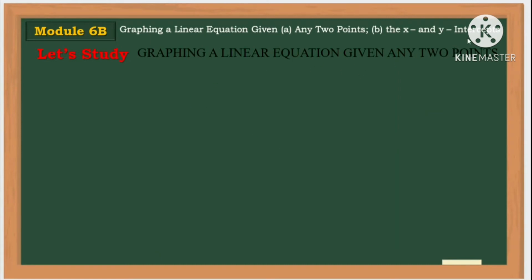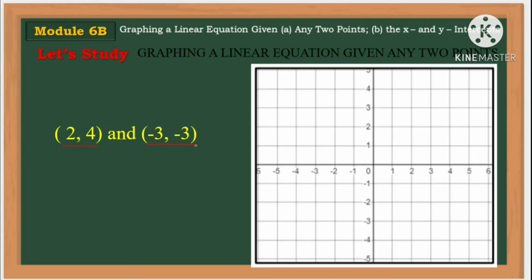Graphing a linear equation given any 2 points. So, we have here the point (2, 4) and the point (-3, -3). We have here the rectangular coordinate system or the Cartesian plane. So, we're going to locate (2, 4). Magpa-plot tayo.